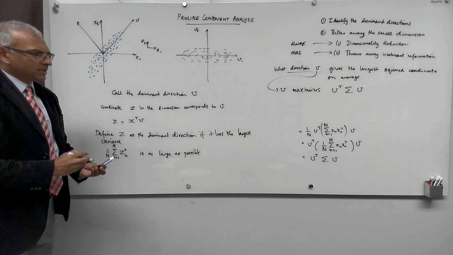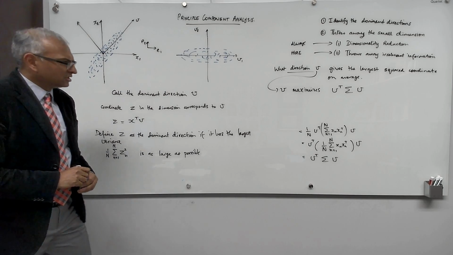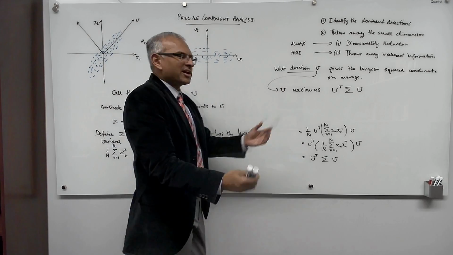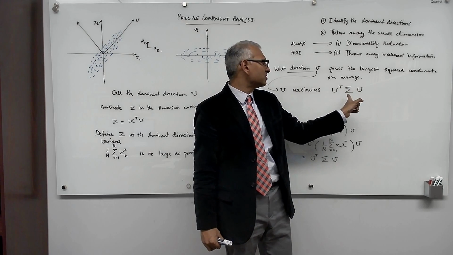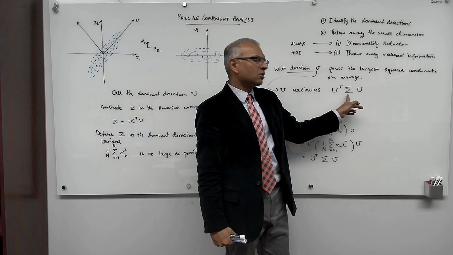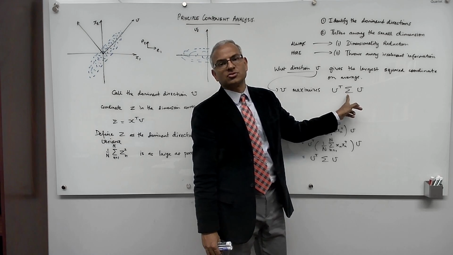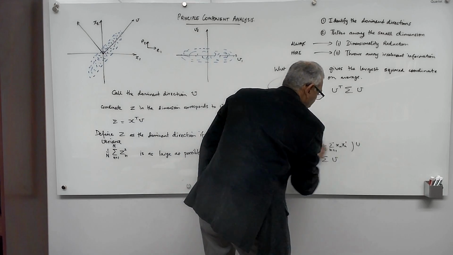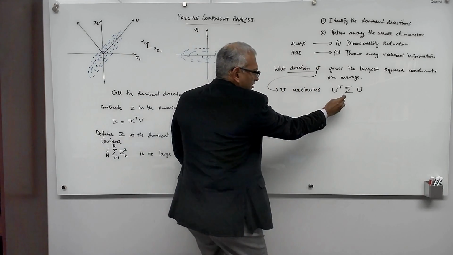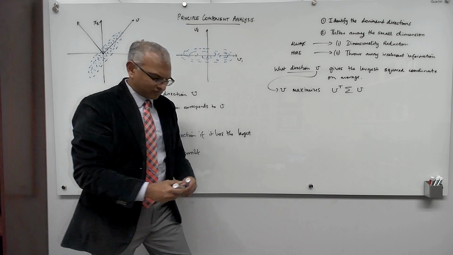Okay. So we need to find the direction V, a unit vector, that maximizes this quadratic form where this is a positive definite covariance matrix, and we know how to solve that problem. This is a purely linear algebraic problem, okay? And the solution is to look at the eigenvectors and eigenvalues of sigma.